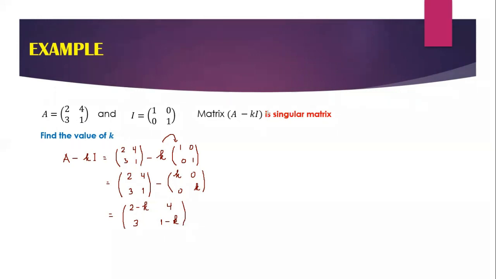Okay, the information is A minus K I is a singular matrix, right?